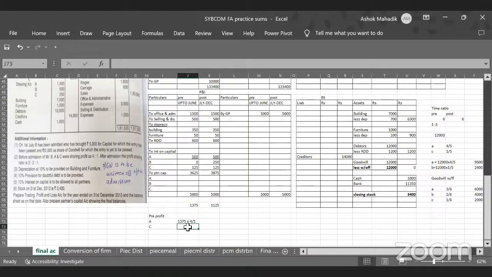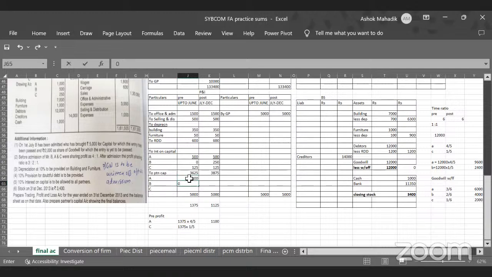So he'll get 1,375 into 4 share out of 5. Okay, so let us calculate it. 1,375 into 4 by 5. 1,100 for A.